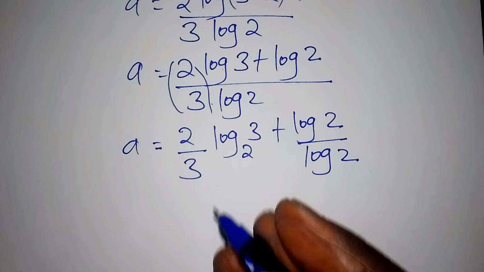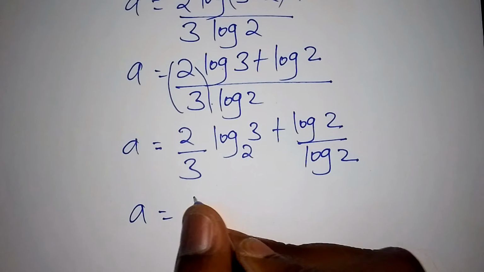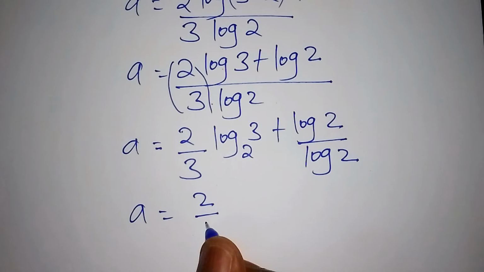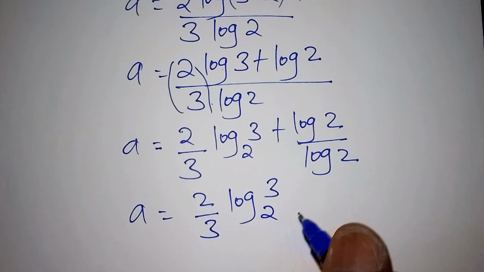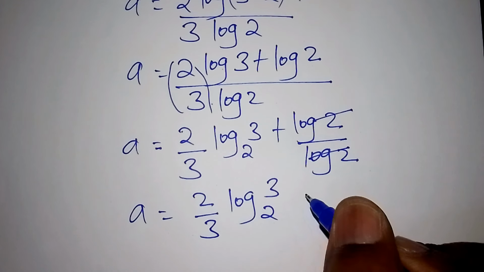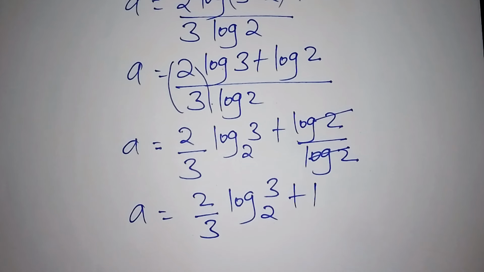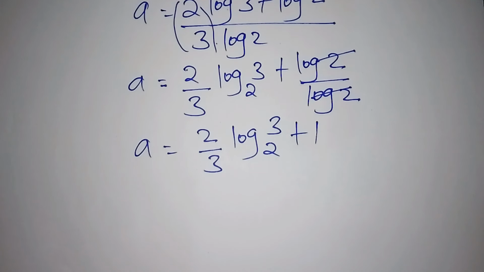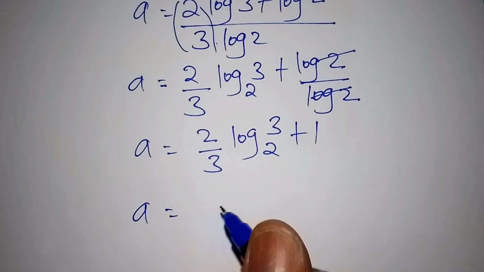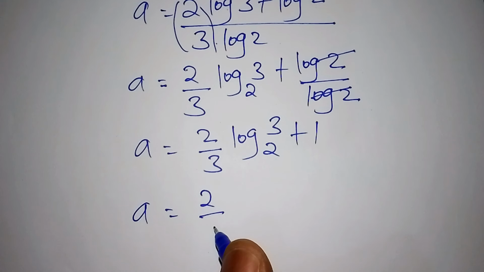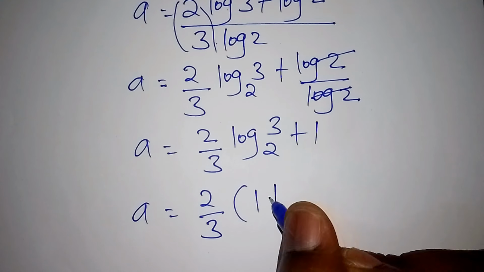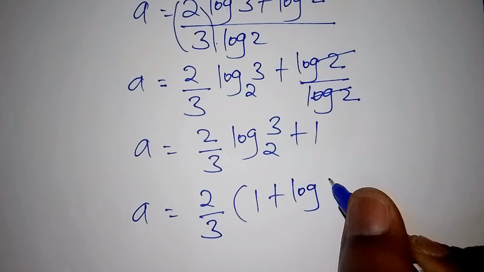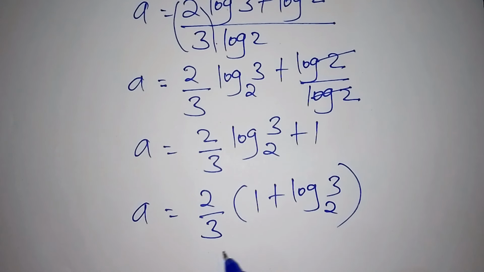So our value for a is equal to 2 all over 3 the log of 3 to the base of 2, then log 2 and log 2 cancel, so now we shall have plus 1. So we can write that our value for a is equal to 2 all over 3 into bracket 1 plus the log of 3 to the base of 2. Now this qualifies to be our correct answer.